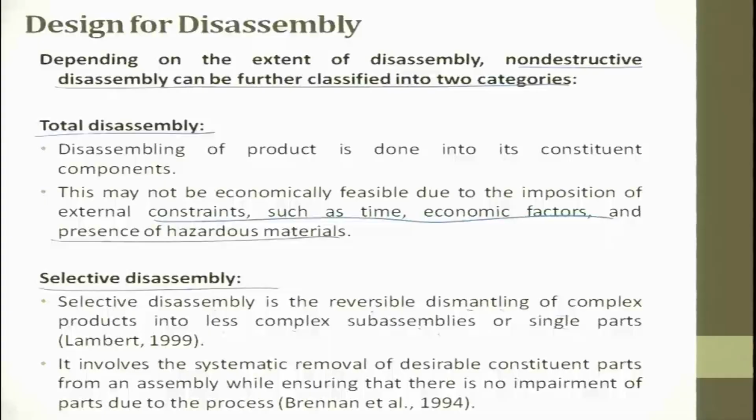So, what we do is, one of the parts you try to remove and the rest you do not even touch, while ensuring that there is no impairment of the part due to the process. So, exactly, you remove one, replace one and the machine goes.